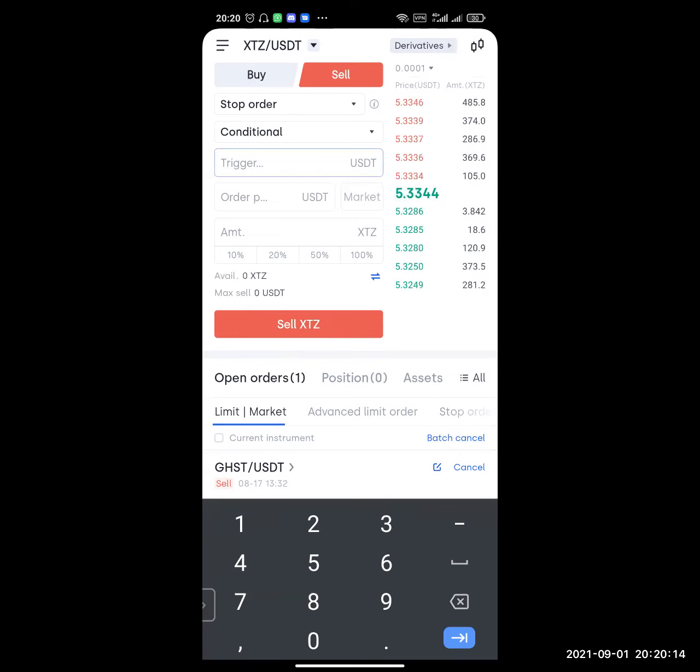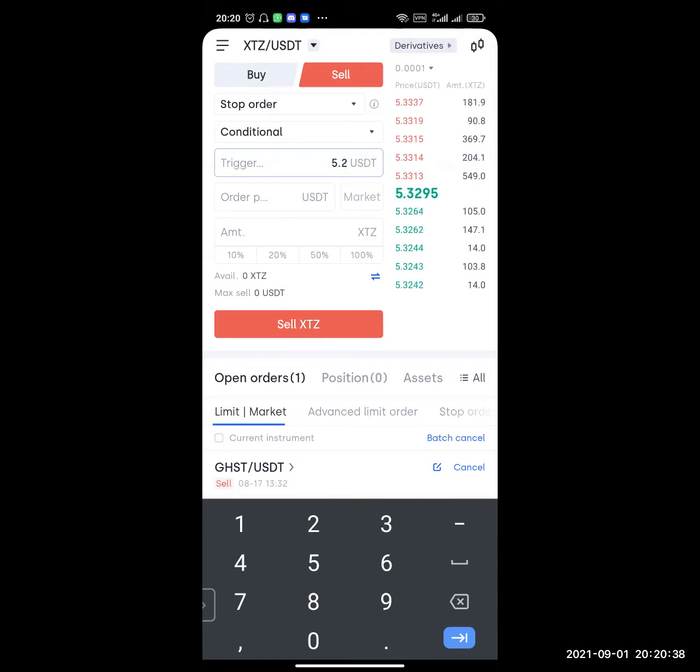What you should do is come to the trigger price and put in, let's just say, 5.3, and then the other price. This one should be lower, 5.2.